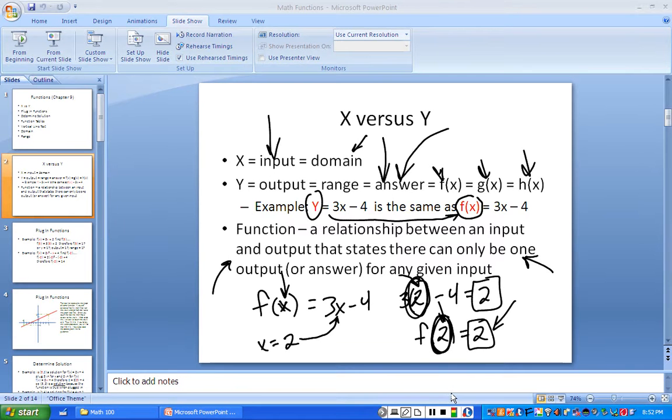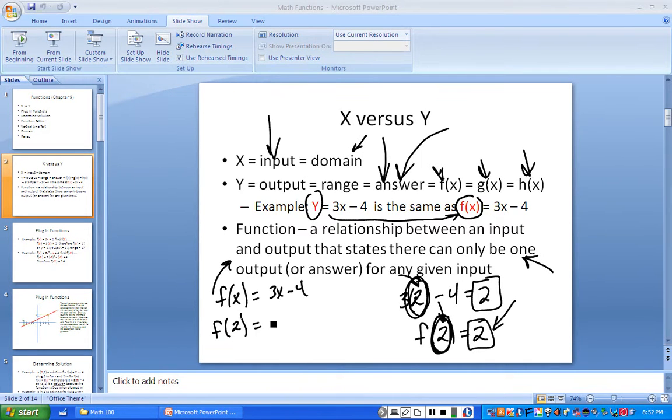So in other words, it would be impossible for me to say f of x equals 3x minus 4 and then say f of 2 equals 3 times 2 minus 4, and then instead of saying f of 2 equals 2, tell you f of 2 equals 3.